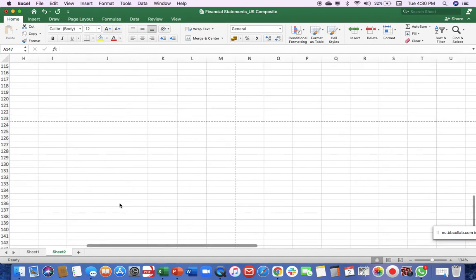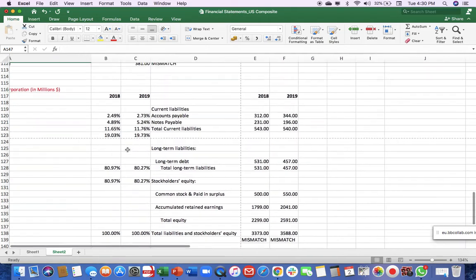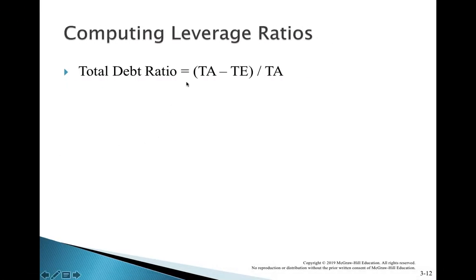You need the total liability. So total liability is equal to total asset minus total equity, isn't it? Total asset minus total equity is equal to total liability. So total debt ratio is equal to total asset minus total equity divided by total asset.